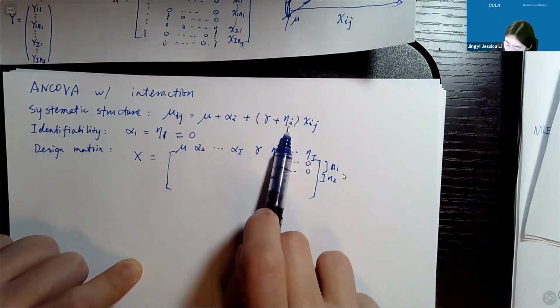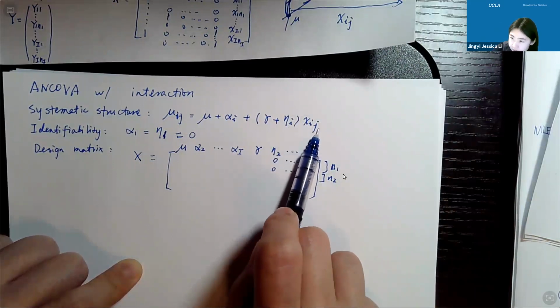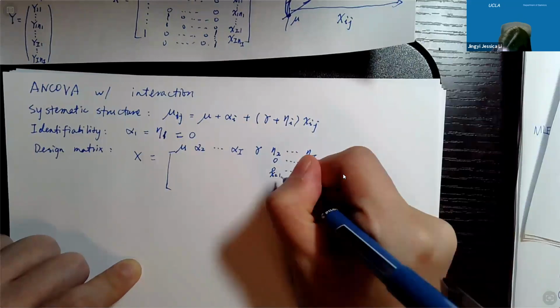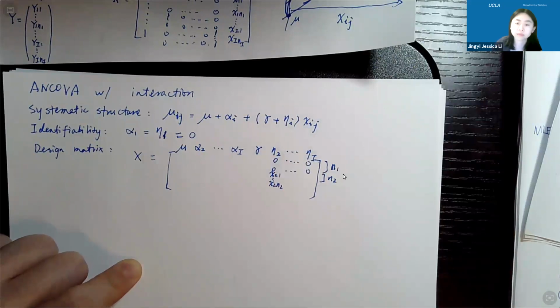So therefore, eta 2 is going to be multiplied by x2 something. So we will have x21 to x2 n2 here for the second block.